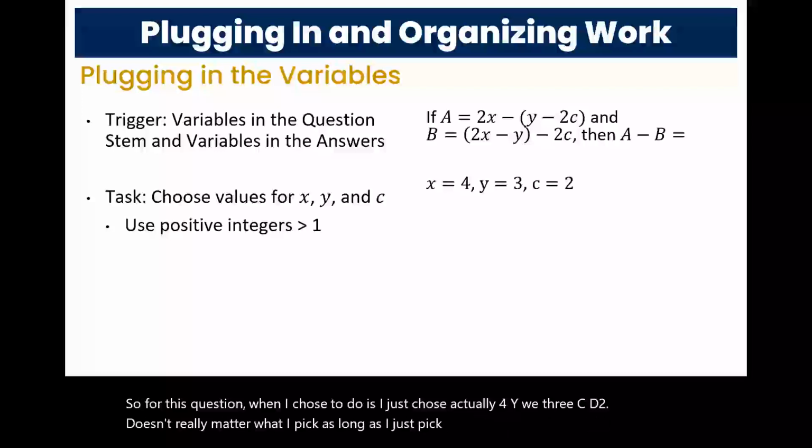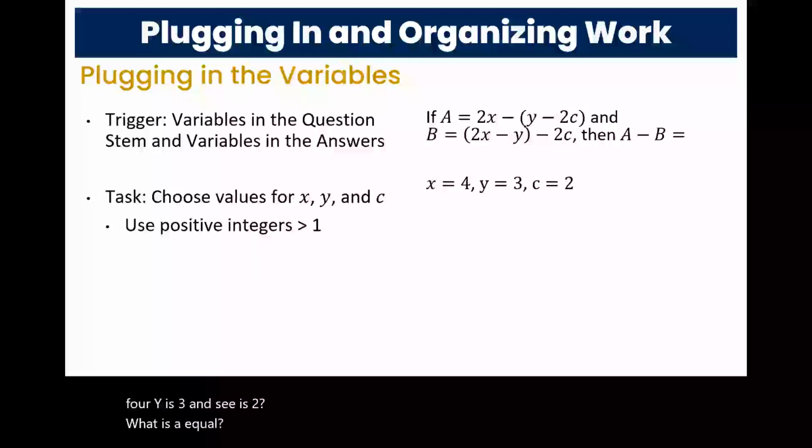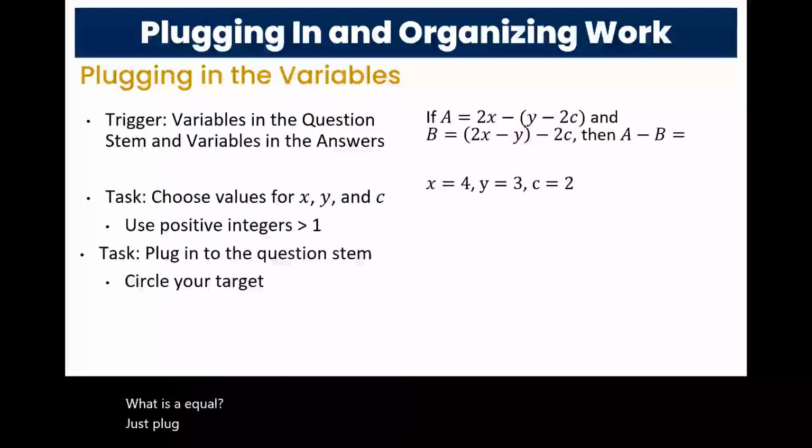So what does a equal if x is 4, y is 3, and c is 2? Just plug those numbers into the question stem and figure out what a equals.